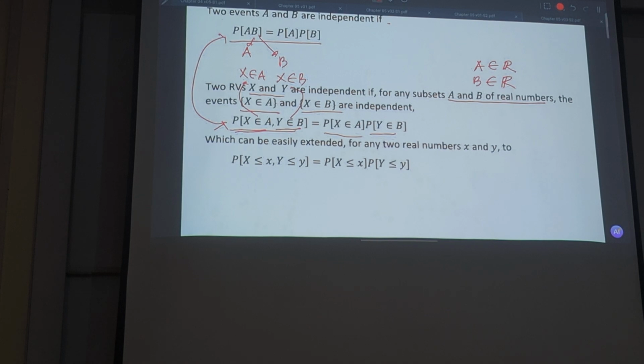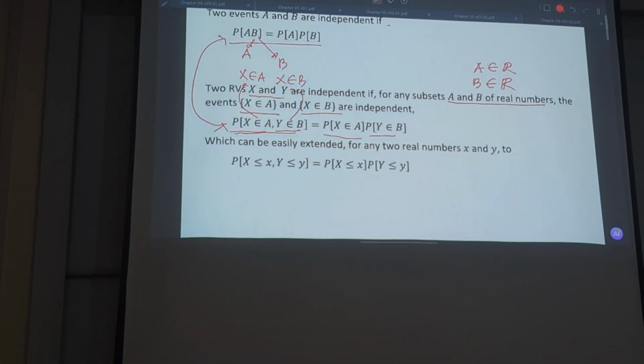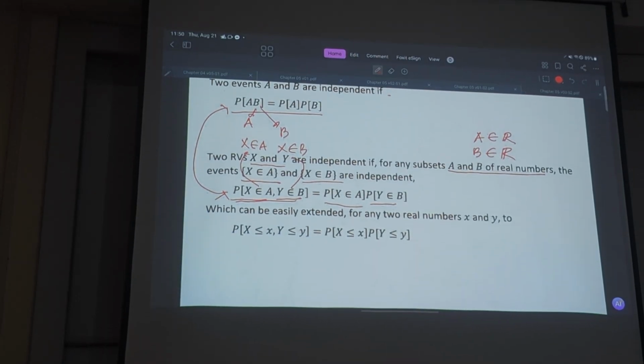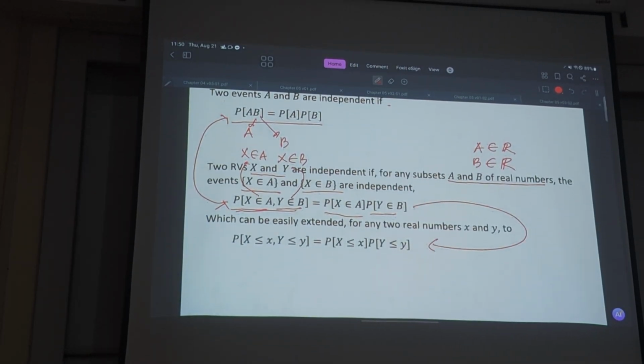So both of these are identical. In chapter 1 we considered events; for chapter 2 we will now consider random variables. And when this one is true, we can immediately write this one.